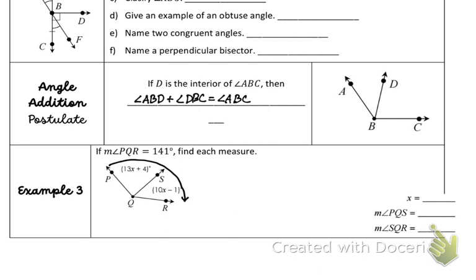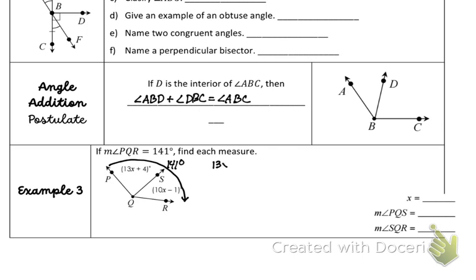So then we go back up to the question. It says that PQR, the total arc, is 141. So we have 141 degrees. So angle plus angle equals our total big angle, which in this case is 141. So we're going to have a nifty little equation.